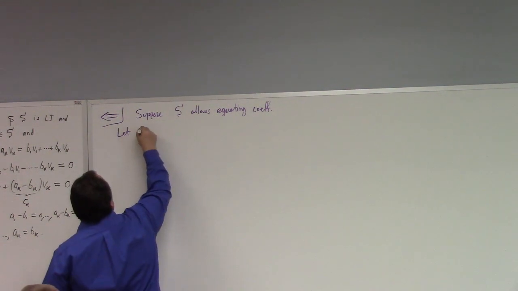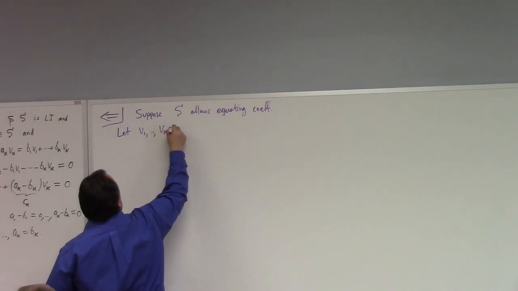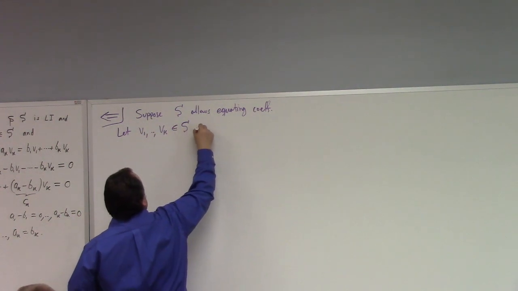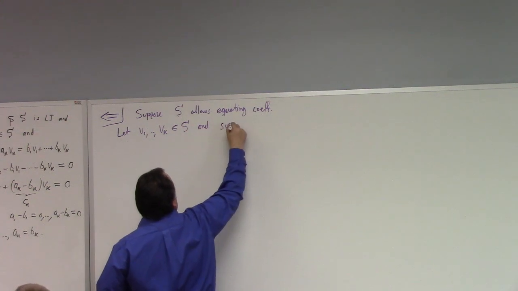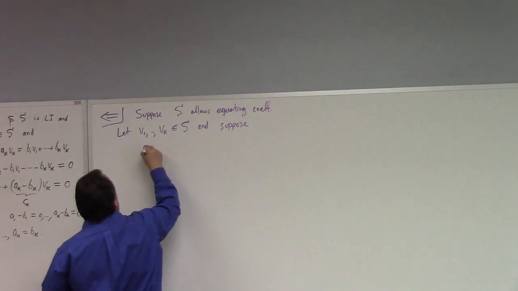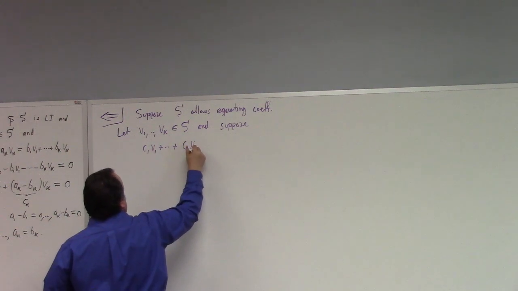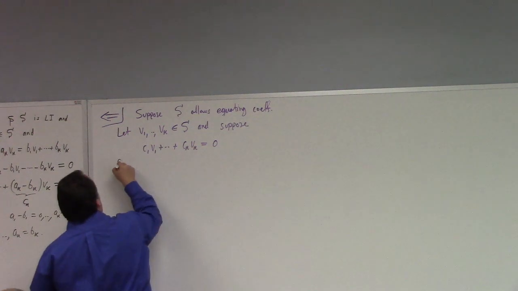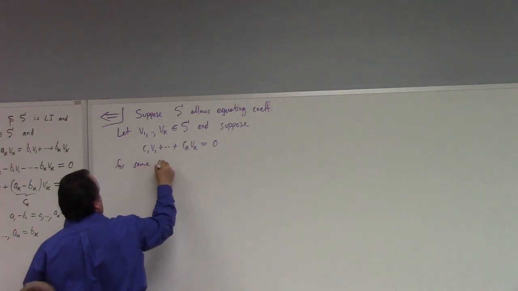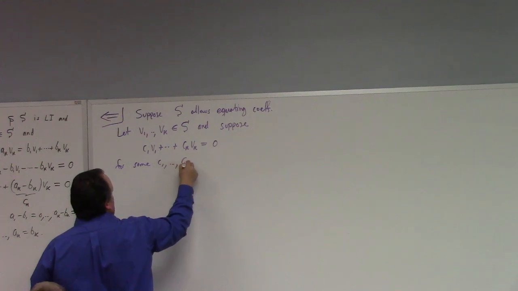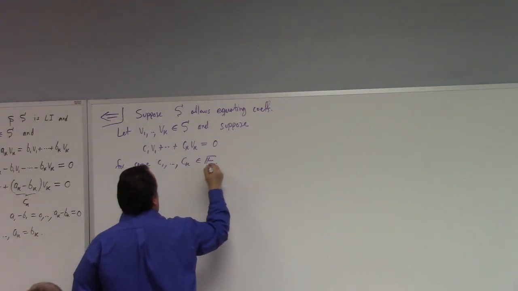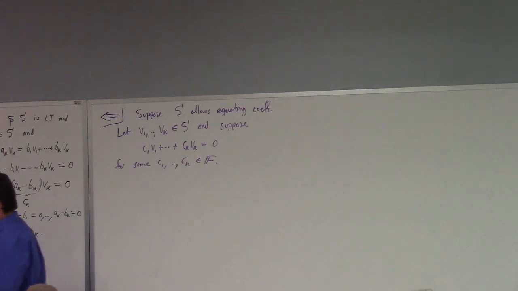Let V1 through VK be elements of S. And suppose C1 V1 plus ... plus CK VK is equal to 0 for some constants in the field, right? Then what?